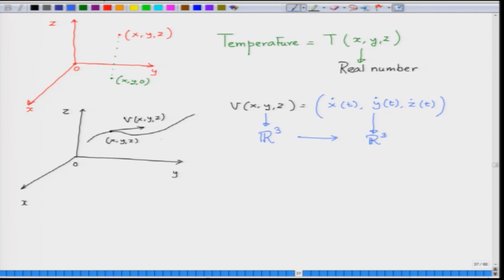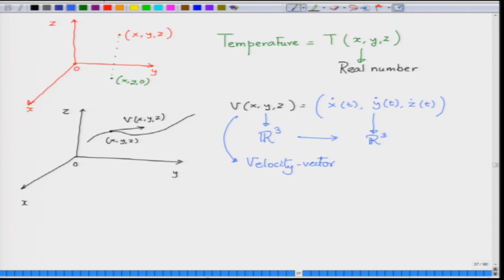This is the velocity vector, represented as a function from R3 to R3. So, here you have these two things very well set, and things are very clear now.